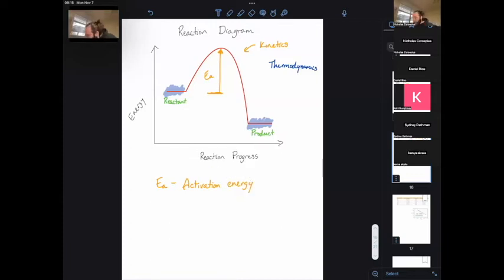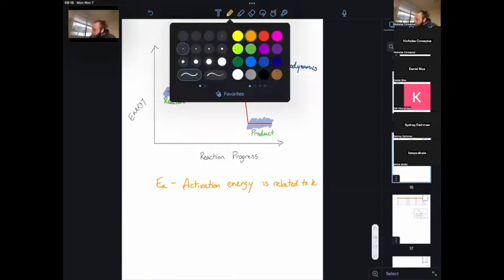The activation energy is related to K. So the larger the activation energy, the smaller that rate constant is, so the slower the reaction.